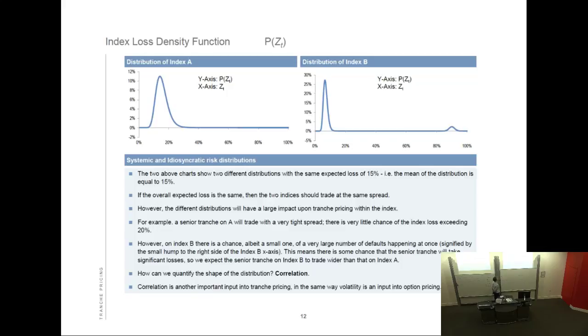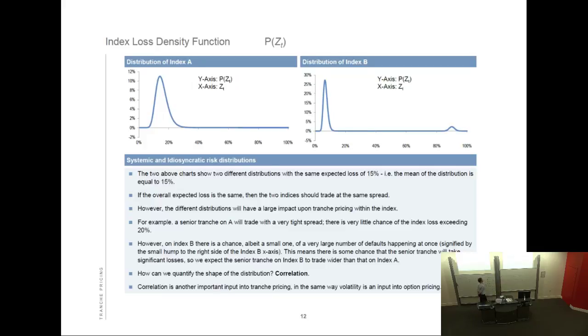So imagine one portfolio which is centered around a portfolio loss of 15%, kind of symmetrically, and another portfolio that's centered a little bit further to the left, let's say around 5%, but has the off chance of there also being 90% of portfolio loss. Now, both of these distributions can have the same expectation, namely 15%, which means that if you just look at the spread of the two baskets, the spread would be the same.